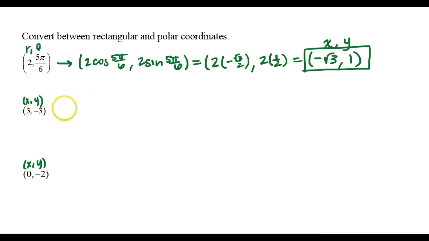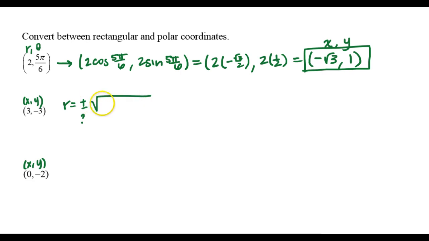Alright, so now let's figure out how to get from rectangular to polar. So I can't just do this direct, this equals this, quite yet. So I have to do some scratch work. So the directed distance portion, r, is either going to be plus or minus, so we need to make a decision on that. I'll put a question mark.